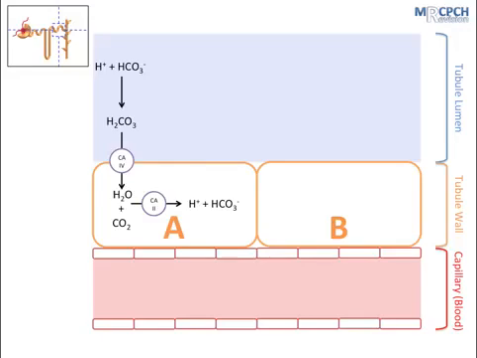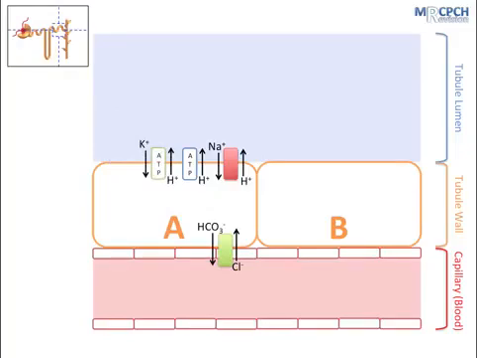And just like on the proximal convoluted tubule cells, we have the proton ATPase, the sodium-proton exchanger, and the bicarbonate-chloride exchanger. Unique to the type A intercalated cell is a potassium-proton exchange ATPase.